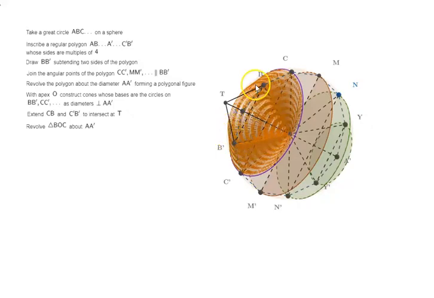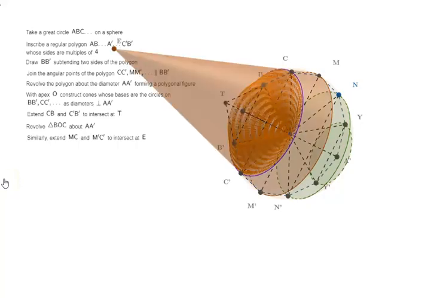So here a solid is being formed, what is called a solid of revolution. Now similarly, extend MC and M prime C prime to intersect at E. So let's do that. Yes, and another cone on CC prime.